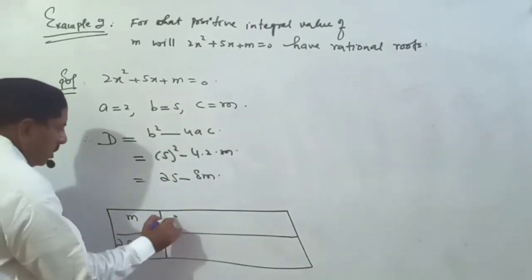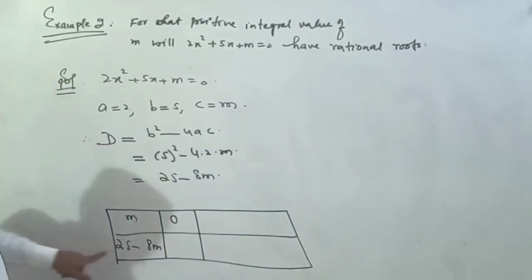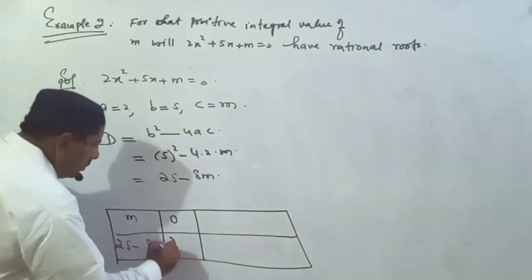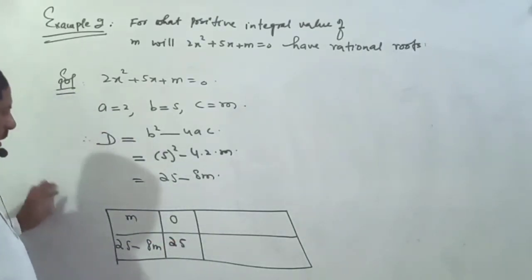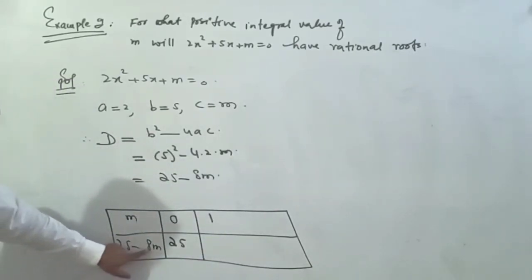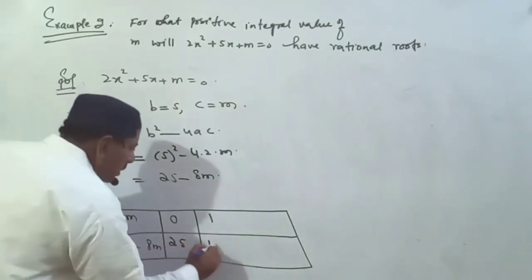Positive value. If m is equal to 0, 25 minus 8 into 0 means 25. If m is equal to 1, 25 minus 8 into 1 means 17.